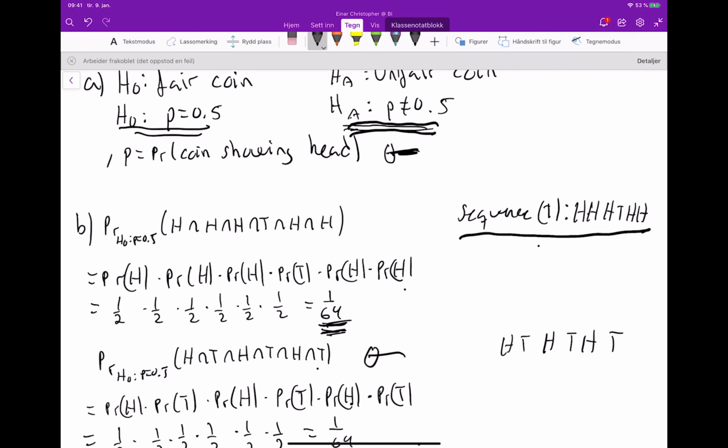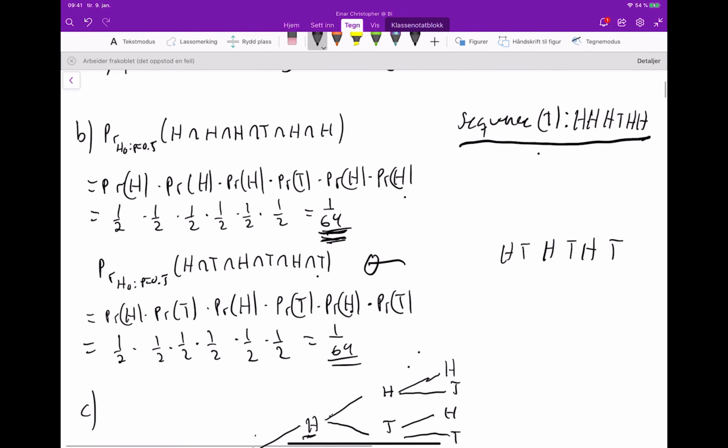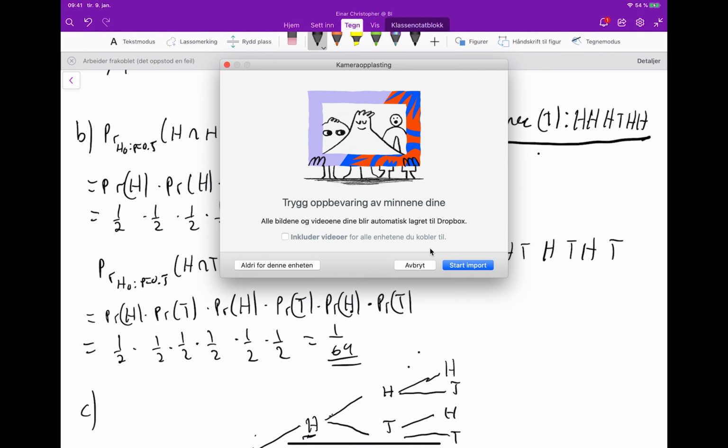Well, that's nothing else but the probability of head times probability of head times probability of head times probability of tail times probability of head times probability of head, and we get 1/2 times 1/2 times 1/2 times 1/2 times 1/2 times 1/2, which is 1 divided by 64. When H0 is correct, we are tossing with a fair coin.